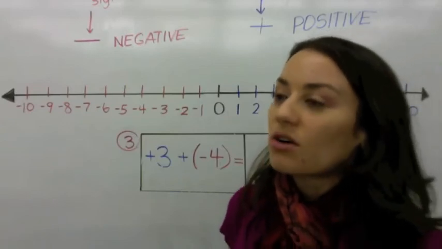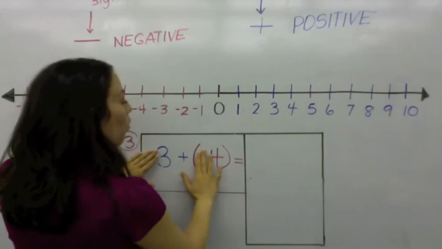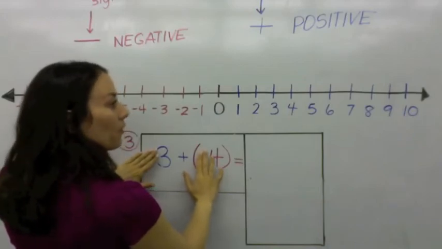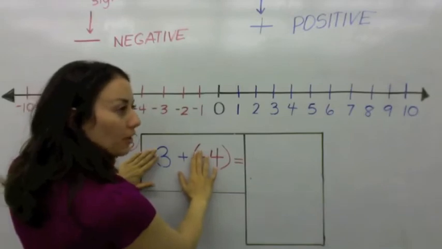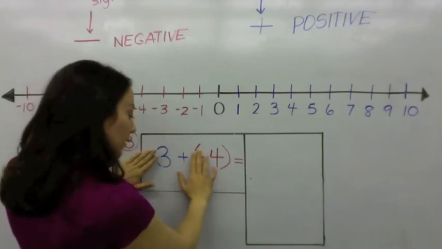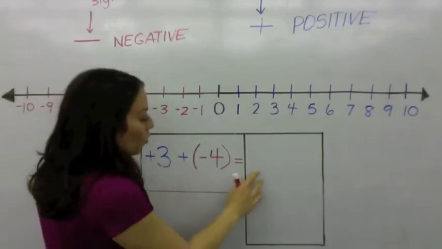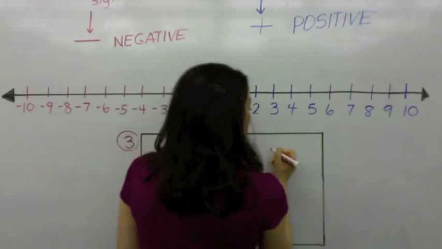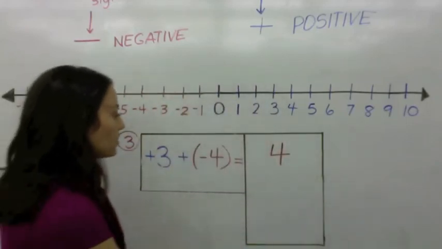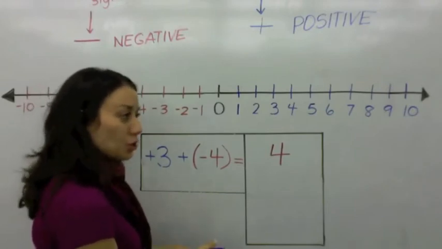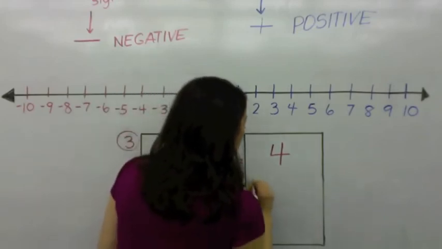Now we have to ask ourselves, if there were no signs in front of these numbers, which number is the higher number or the bigger number? What number is bigger, 3 or 4? 4 is a little bit bigger, right? So what we do is we use this 4 and we put it right here. And when we have different signs, we have to subtract.